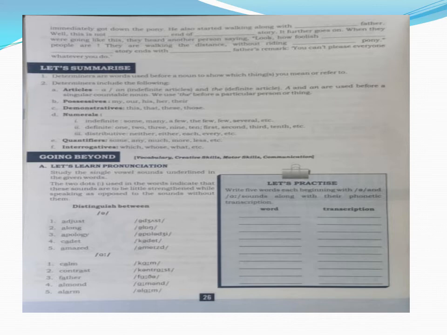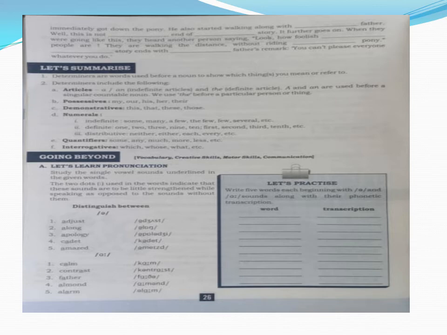Okay, let's see this here. Pronunciations are given, I sound and a sound. I will read out all these words. Adjust. Okay, a sound, adjust we are using. Along, apology. Okay, cadet.